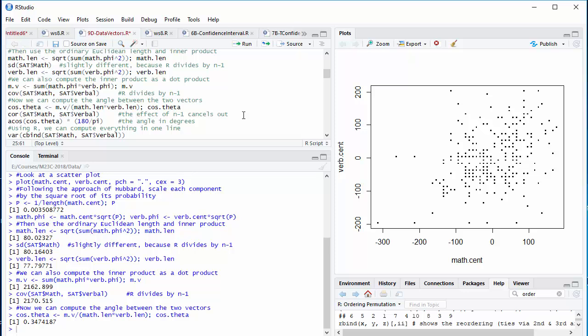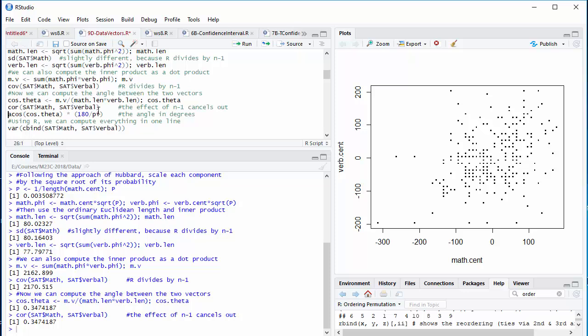Of course, there's a much easier way to get this number. I just ask R, what's the correlation between the math scores and the verbal scores? And in this case, I get exactly the same answer because in both the dot products and the lengths R divided by n minus 1, the effect of doing that totally cancels out.